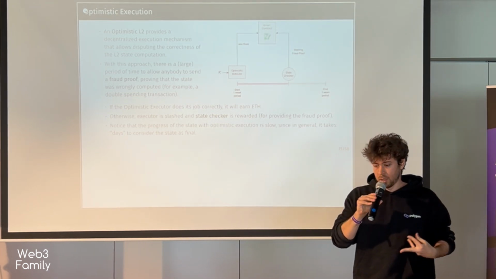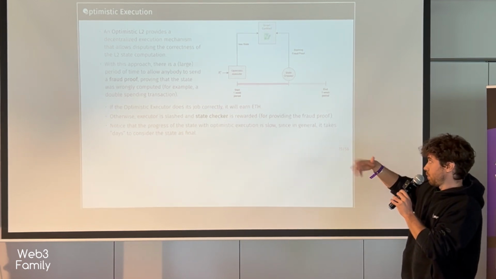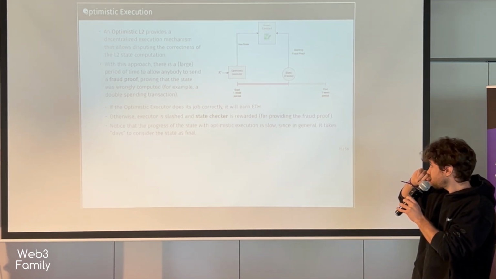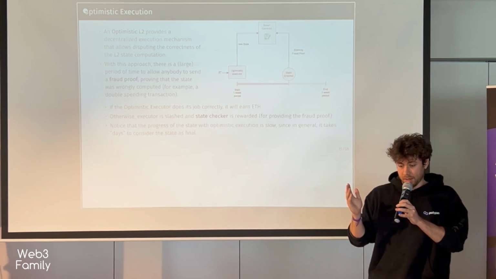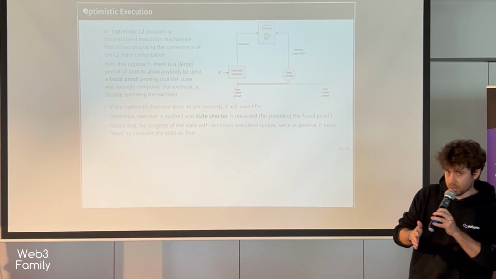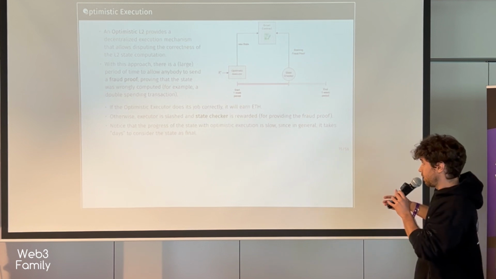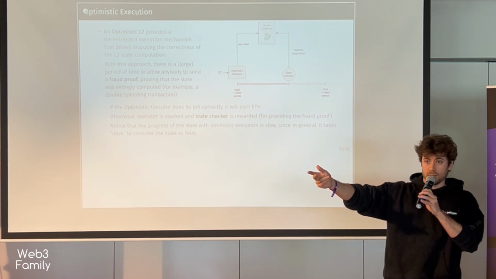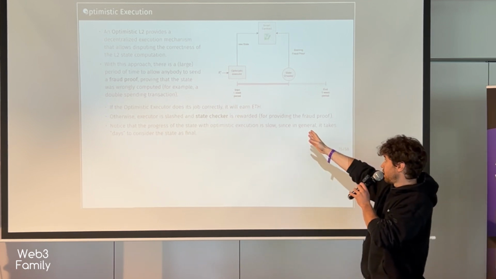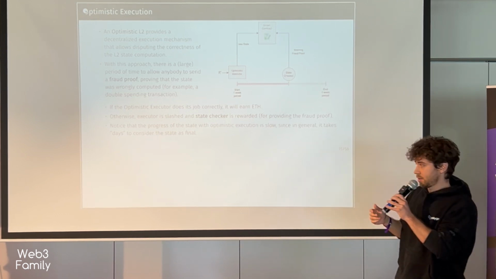So with this solution, we really are getting more decentralization, and we really are processing the transactions as a rollup. But there is a problem: the time between when the computation is done and when the result is final. Because as a user, when I send a transaction and get a result, I am not sure that this result is final until the time for a state checker to propose a fraud proof has passed.